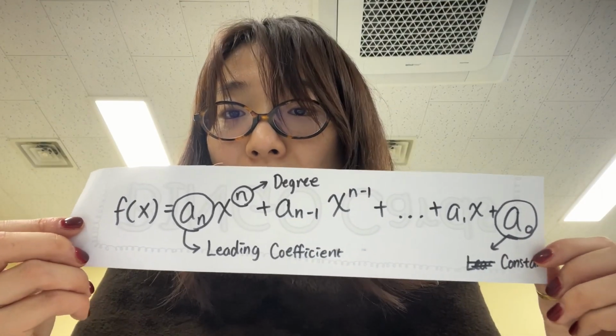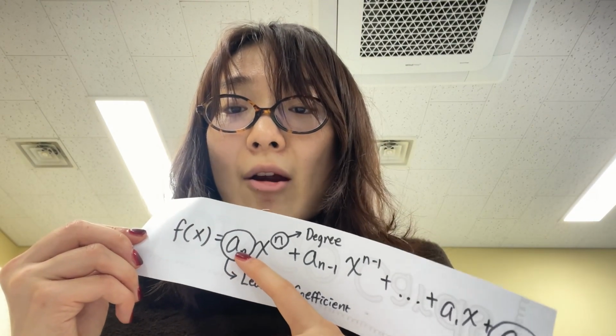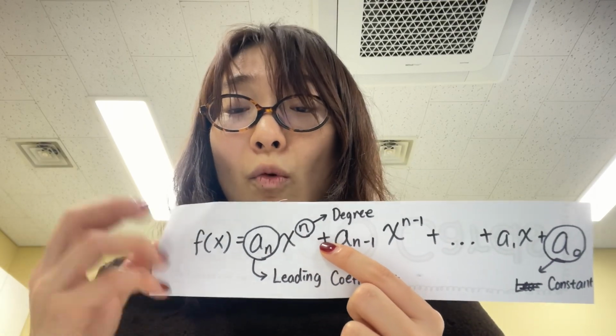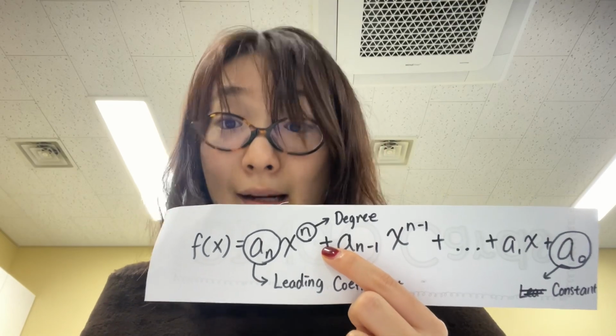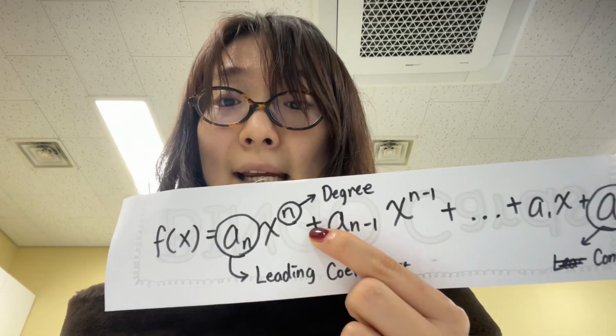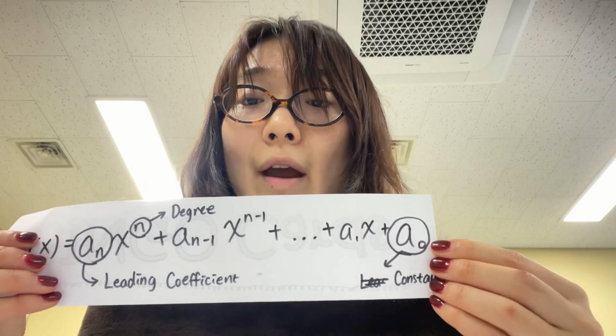This is our degree. In our polynomial function, we have our leading coefficient right there, which sits in front of the highest exponent of x, also known as the degree. And we have our constant at the very end.